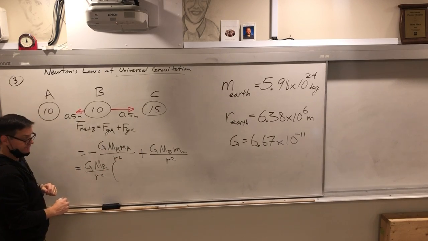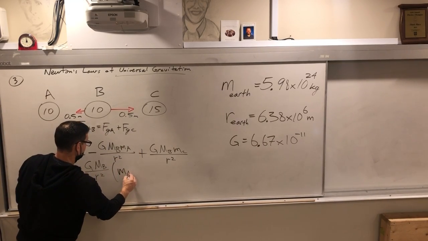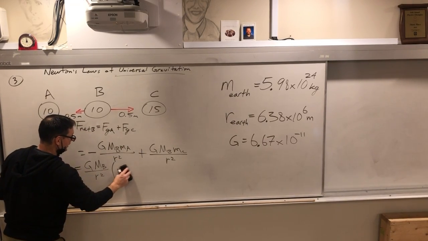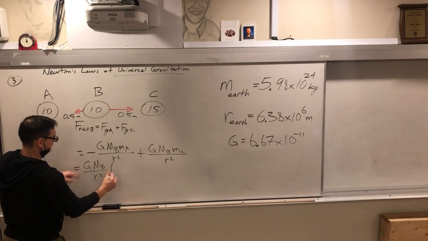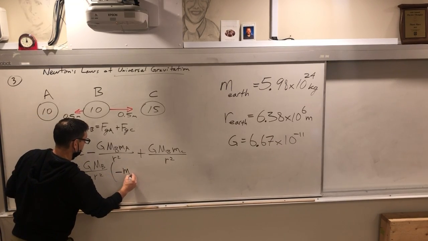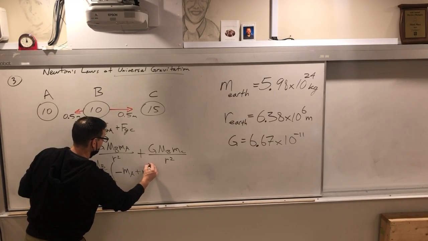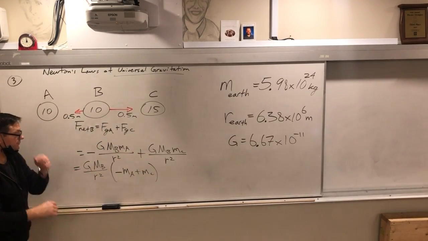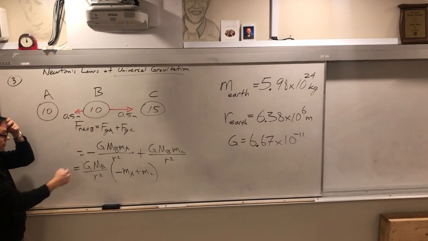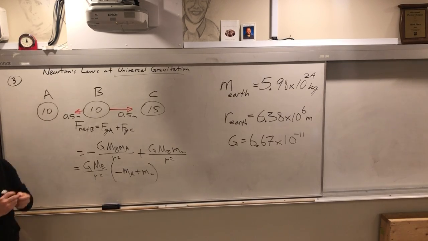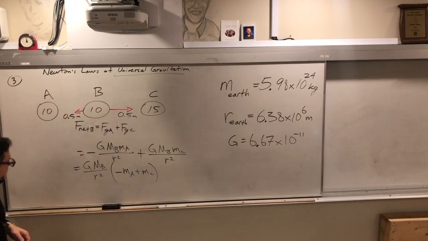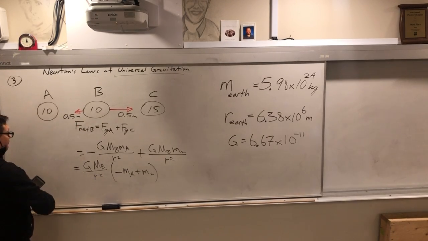So negative MA plus positive MC. So you could just do that if you wanted to. So let's calculate that. And that's going to be the net force on B, right?